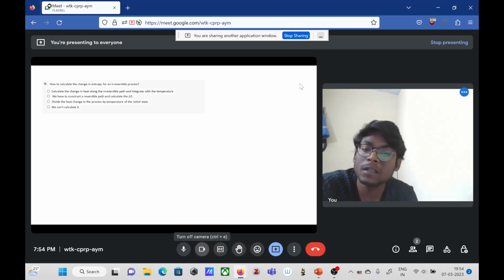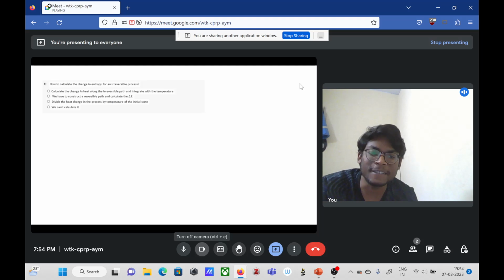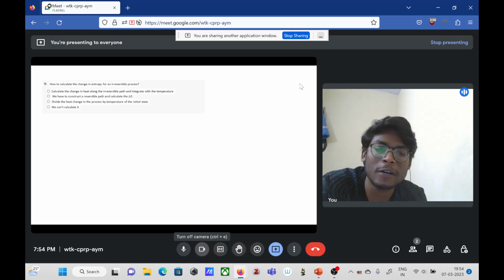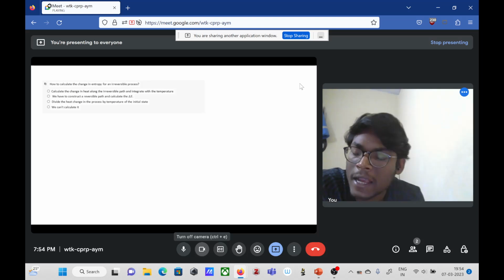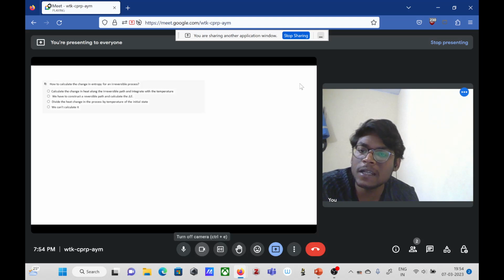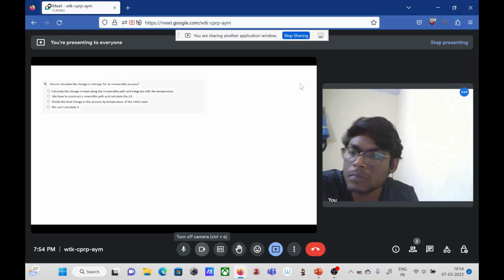The second says we have to construct a reversible path and calculate the delta S. That is reasonable because we have talked about constructing a reversible path before. The third option is to divide the heat change in the process by the temperature of the initial state. That is also not possible. And option 4 is we can't calculate it.